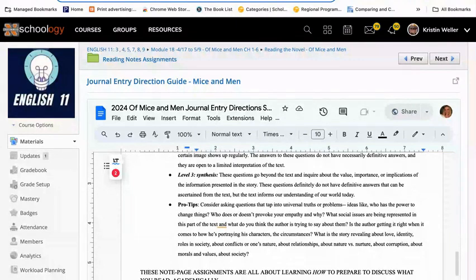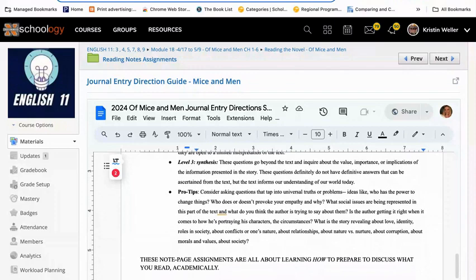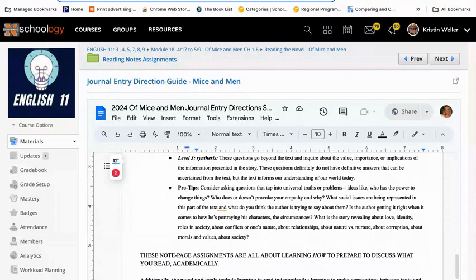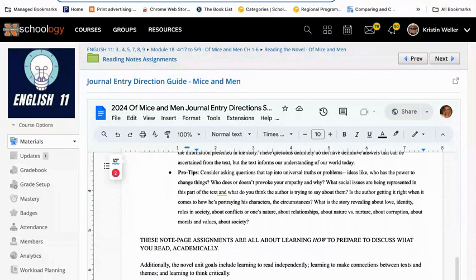A level 3 question is a synthesis question. These questions go beyond the bounds of the story typically. So they're inspired by something or someone in the story, but they're asking the listener to connect to something outside of the story, like a universal problem, something that might be related to what's happening in the story. So, for example, let's say I wanted to ask a question about people that are kind of like George and Lenny in the opening scene, the pair of them.